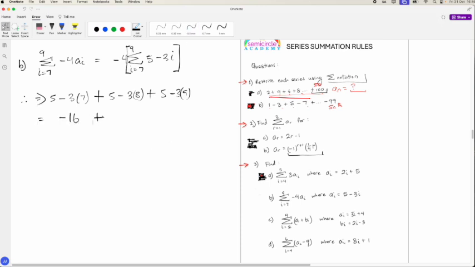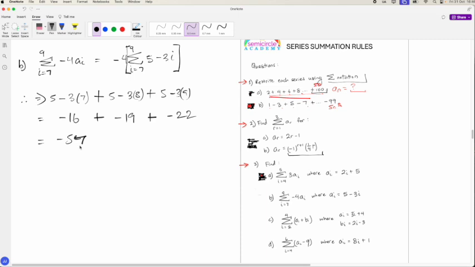So 5 minus 21 is -16. Plus 8 times 3 is 24, so 5 minus 24 will give us negative 19. And of course, 9 times 3 is 27, so 5 minus 27 will give us negative 22. So minus 16 minus 19 minus 22 will give us minus 57 in all.